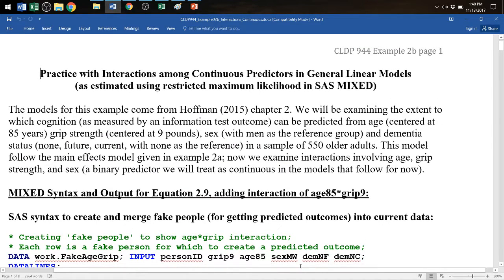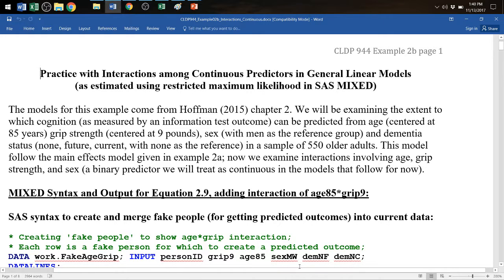Example 2b. So this is the story from chapter 2. The outcome is cognition. These are fake old people. 550 older adults.